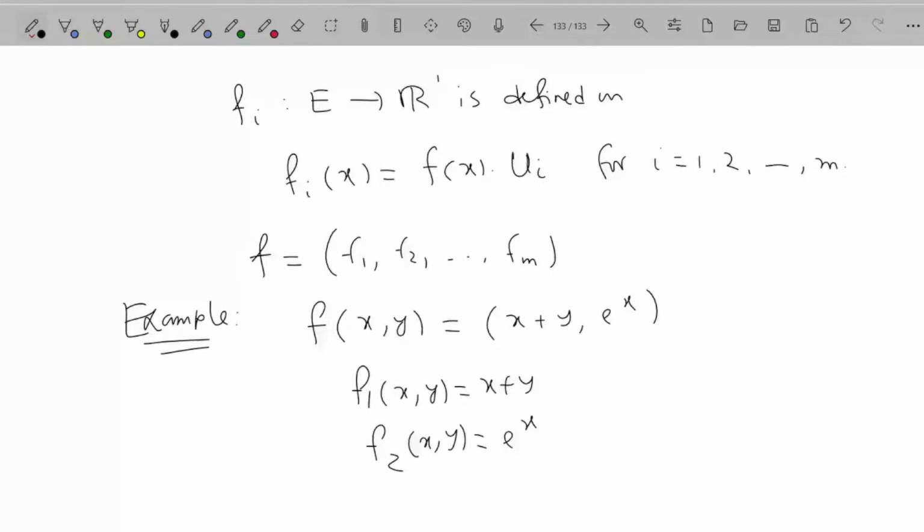Okay. Now we are defining the partial derivative.